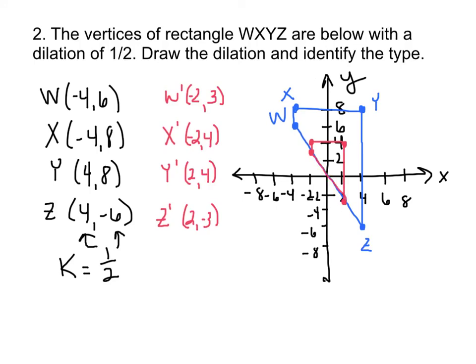And if we label these points, W prime would be here, X prime, Y prime, and Z prime.